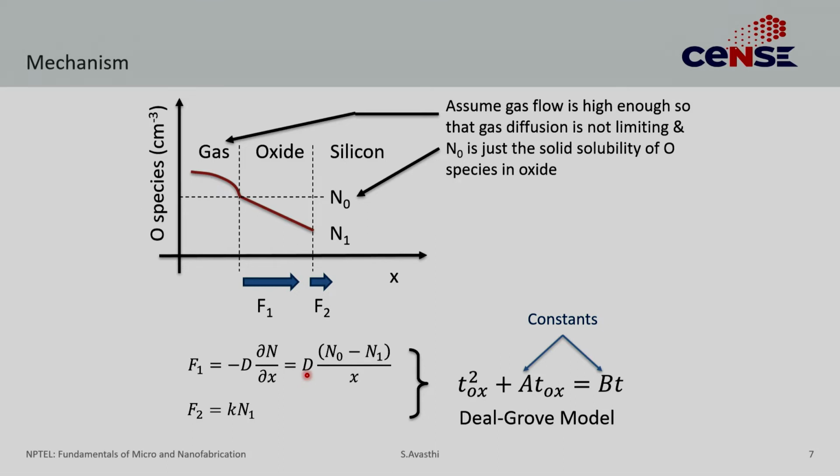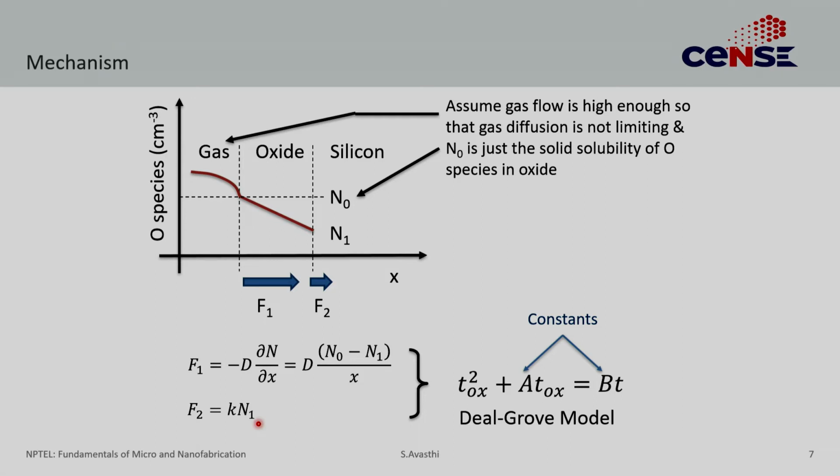The second flux we can assume to be a chemical reaction. Chemical reactions are either a first order chemical reaction or a second order chemical reaction. Let's assume here a first order chemical reaction. So there is a chemical constant K multiplied by the reactive species. This is assuming that the rate of the reaction is completely decided by the oxygen species, and that is not a bad approximation, because silicon we have a plethora of.